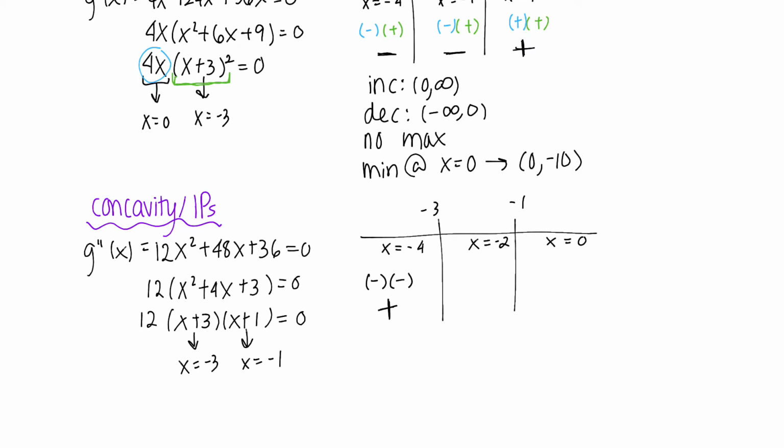Two negatives make a positive. Negative 2 plus 3 is positive. Negative 2 plus 1 is negative. One negative makes a negative. 0 plus 3 is positive. 0 plus 1 is positive. Two positives make a positive. And we are talking about concavity because this is the second derivative. So we have concave up, concave down, concave up.